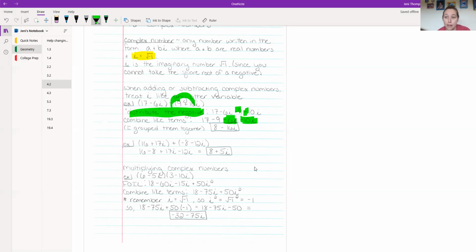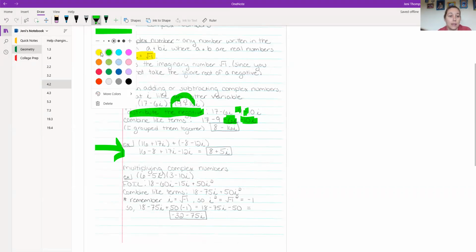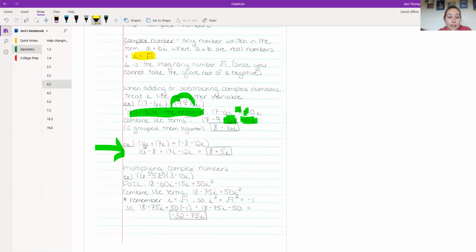So when multiplying complex numbers, we're going to do something very similar. Here, this example is just another example, but adding, which is even simpler than subtracting because you don't worry about distributing the negative. So we've got 16 plus 17i plus -8 minus 12i.